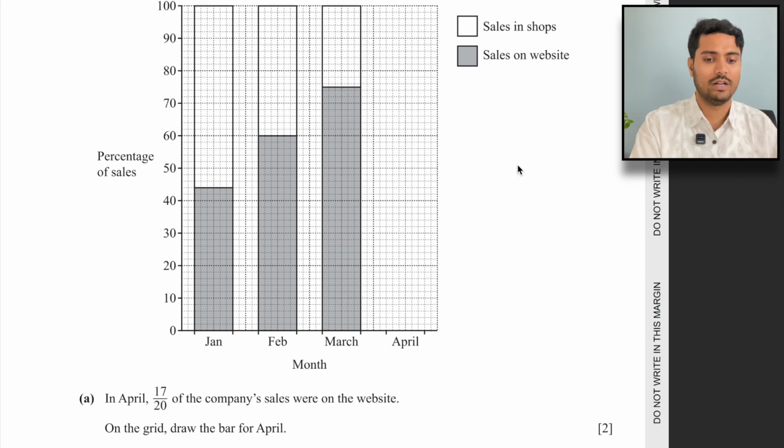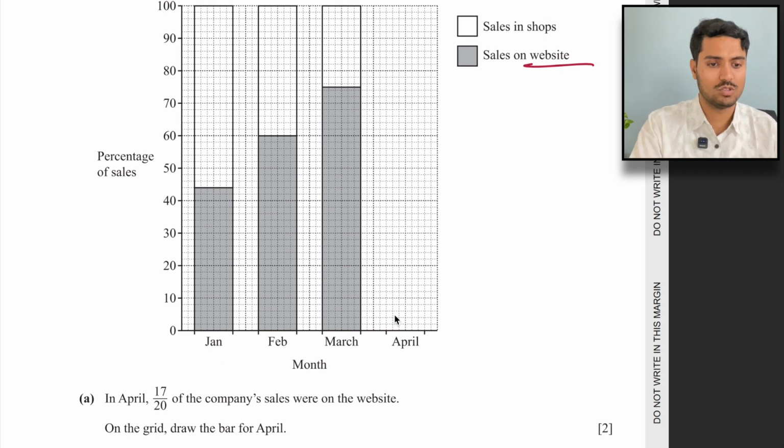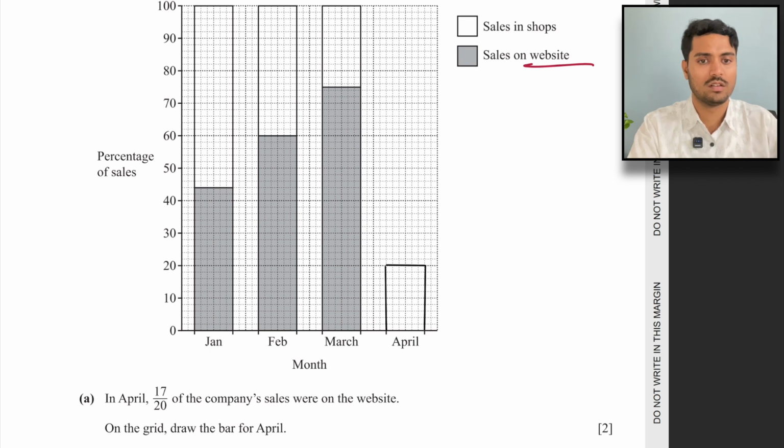So 17 out of 20 for website, that means the total is 20 for April. So we can join this to this, and then this, and then this.